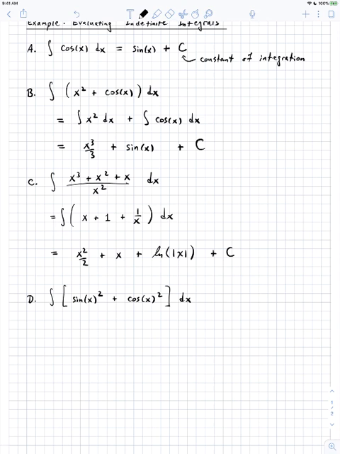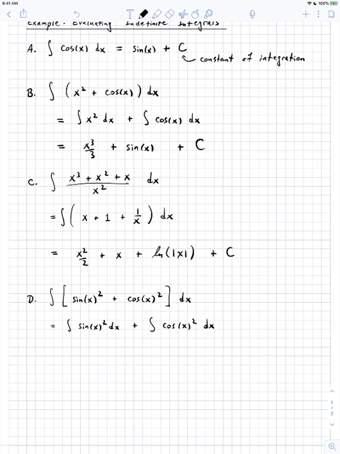Here I have the integral of a sum, and at first you might be tempted to write this as the integral of sine x quantity squared dx plus the integral of cosine x quantity squared dx. And that is a true statement. However, neither of these are any easier to compute than the original integral, so that doesn't really help us much. But it is certainly true that the integral of the sum is the sum of the integrals.